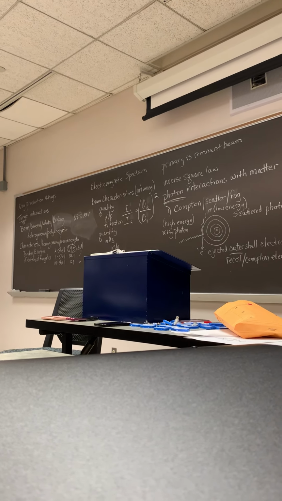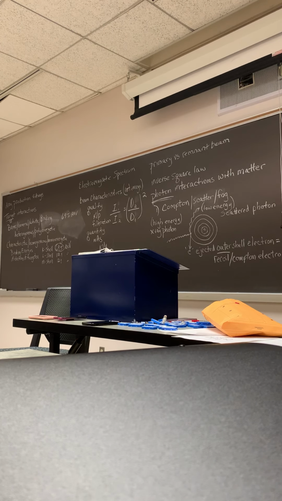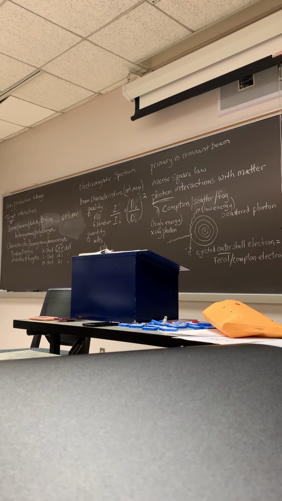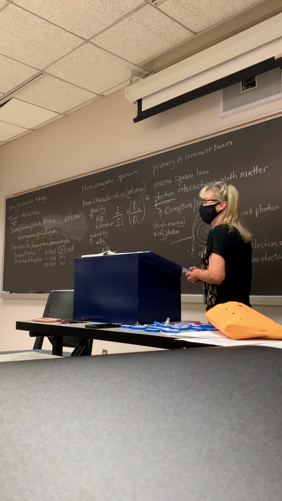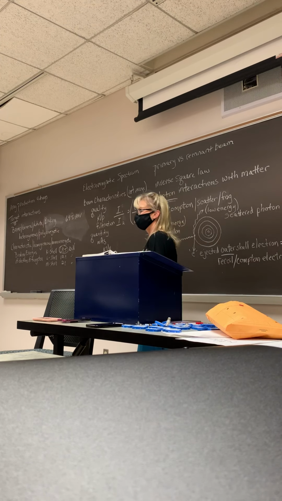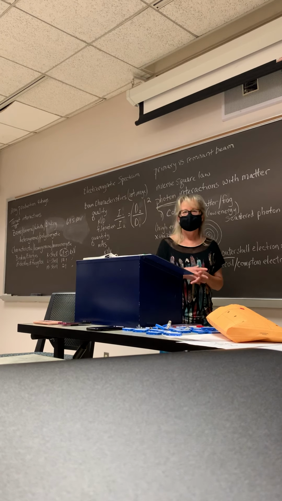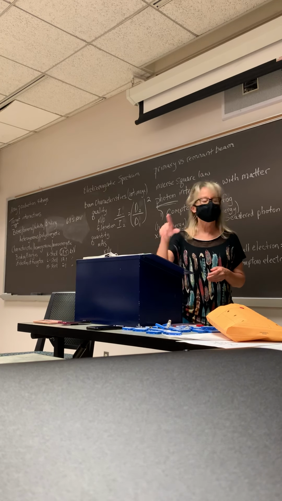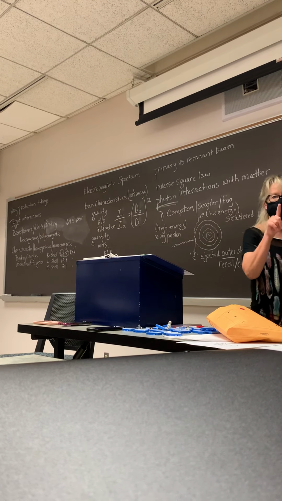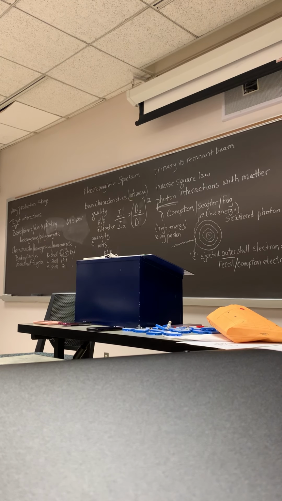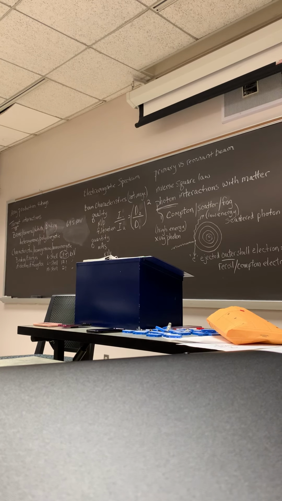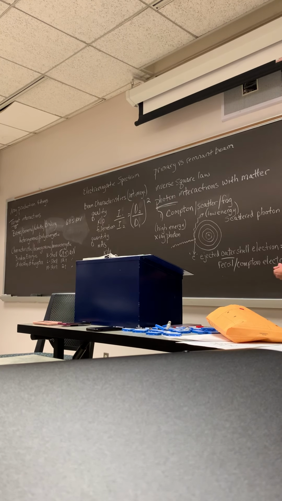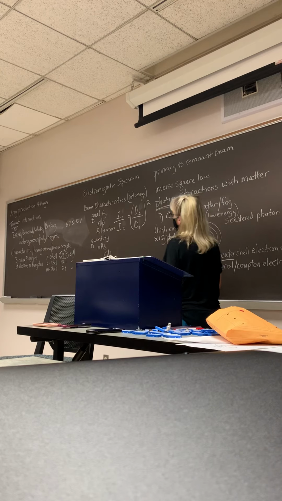Okay, frequency is cycles per second. What's wavelength? The distance from one sine wave to another, whether it's from peak to peak or valley to valley. So it's the distance from one sine wave to the other.